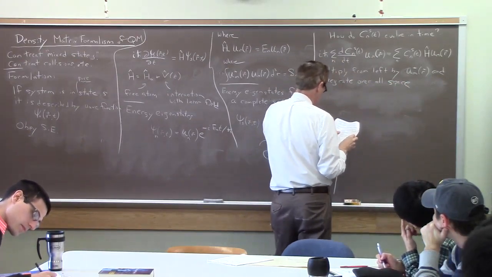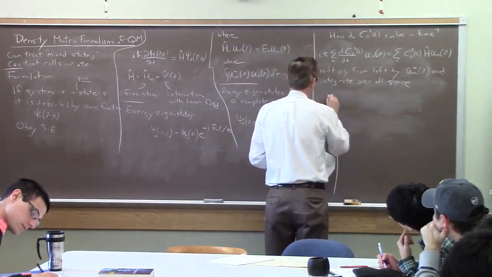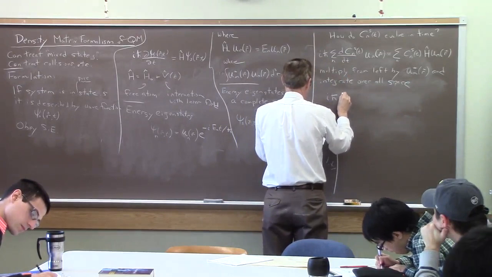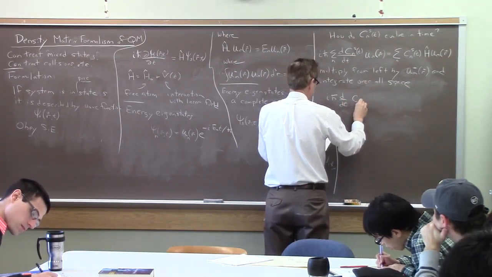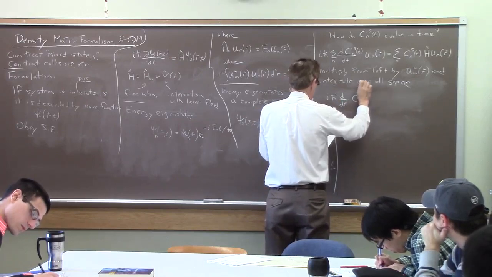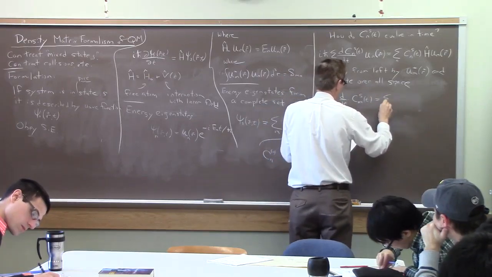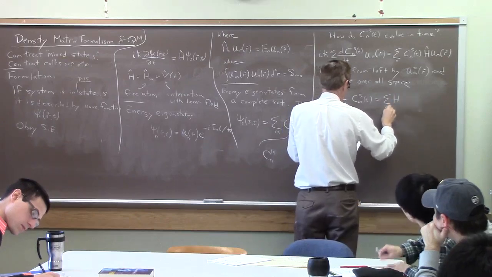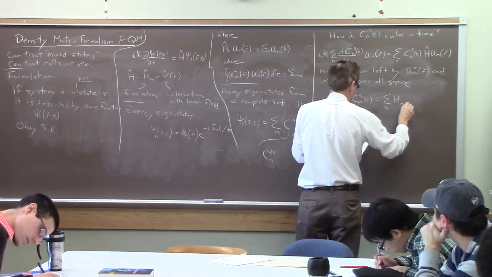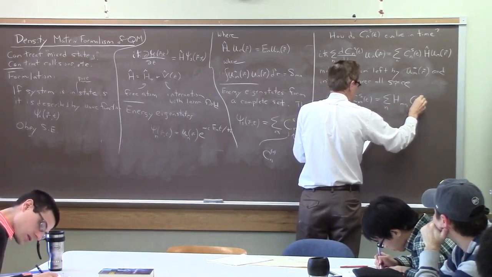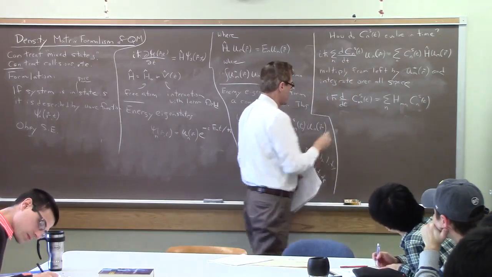And you can almost do it in your head, right? You find that i h bar d by dt of c_m^s of t is equal to the sum over n of H_mn c_n^s of t.